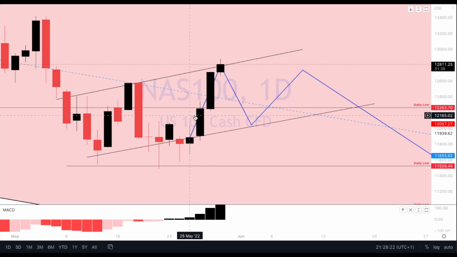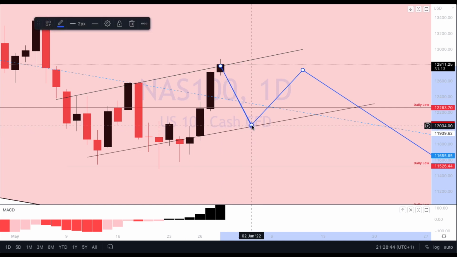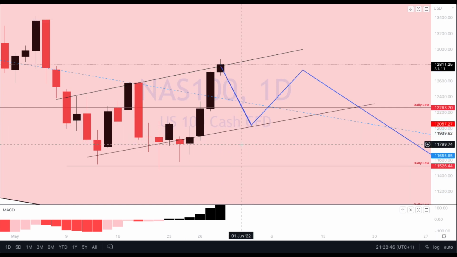Then I took it all the way up to around this level right here. That's where I hopped off, and now I'm waiting to see if it's going to retrace back down to the downside to touch this level again one more time. Okay, so one part is done, so we're just going to move that and stick it over here like so.